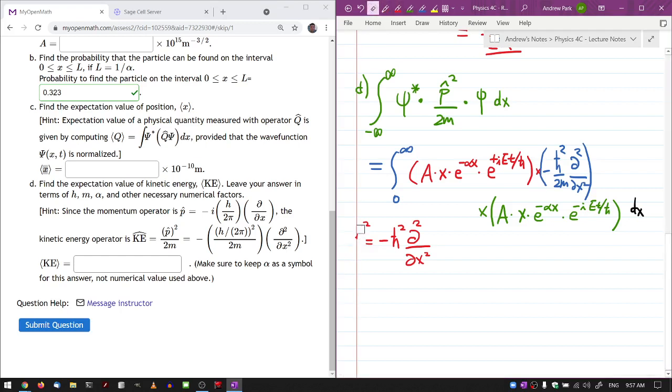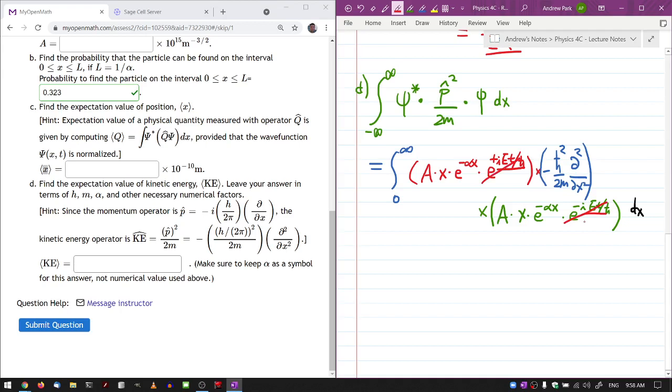Okay, it looks like some things actually do simplify, because the complex phase factor doesn't have anything that depends on x. So it's not going to be changed by this derivative with respect to x. So they will just cancel out.